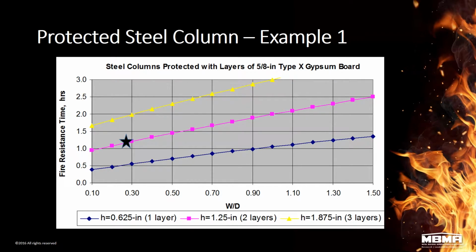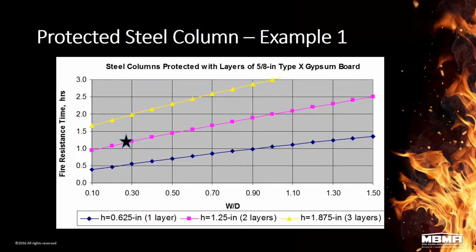So again, the benefit of this would be that if you don't want to be limited to the 1/2-inch Type C board and specific manufacturers that are listed in UL X524, you have this option to use 5/8 Type X board protection.